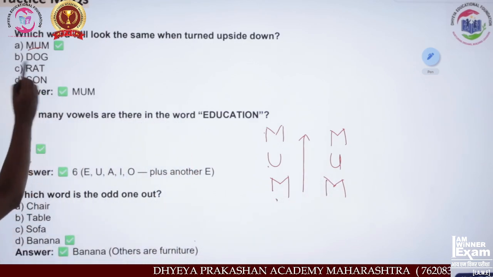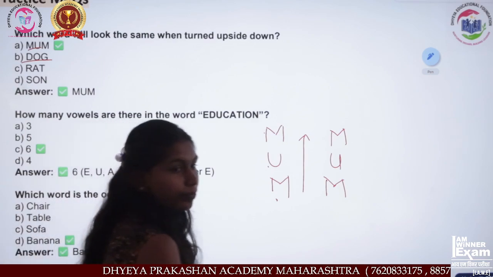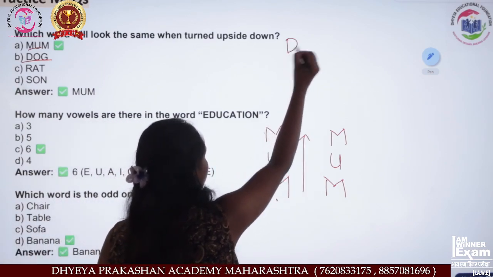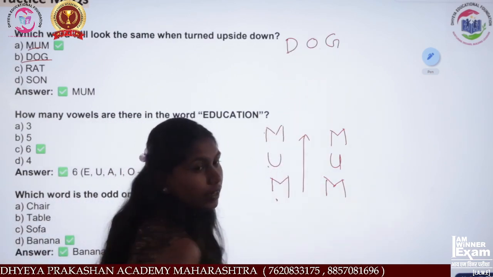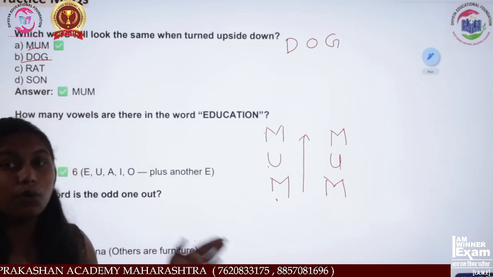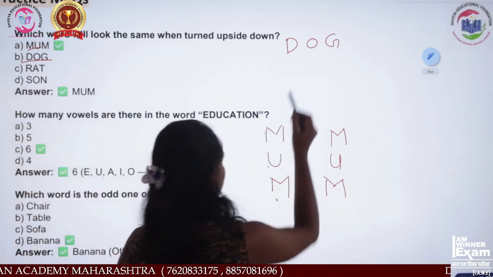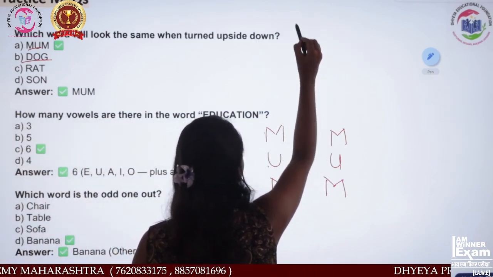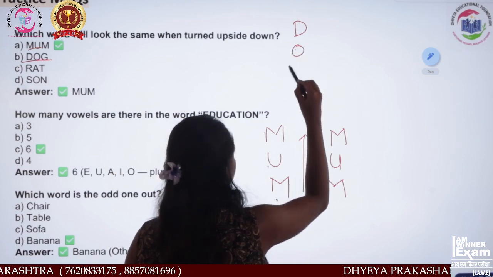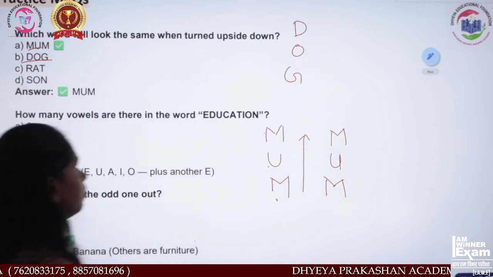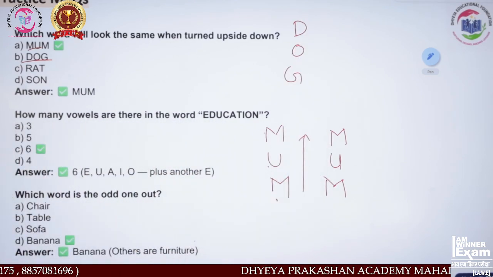If you take the second word, that is dog. D-O-G. Now in this, if you write the word dog, D-O-G, now this is upside down order. Okay.